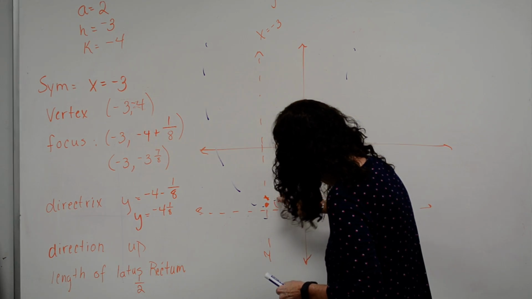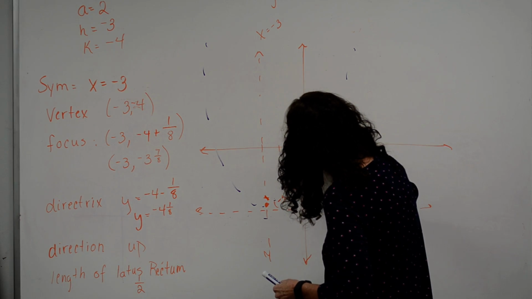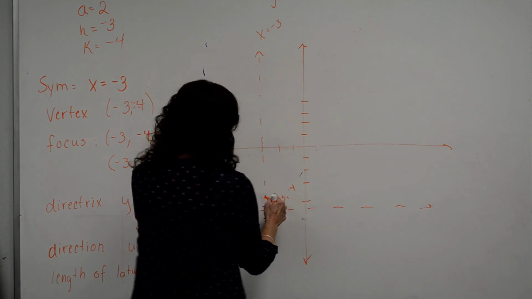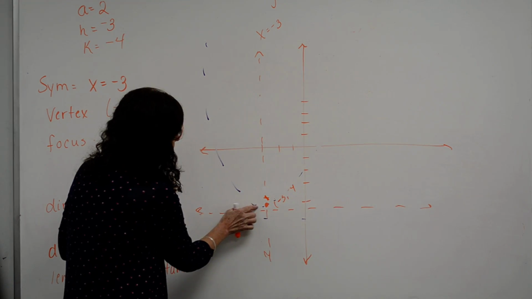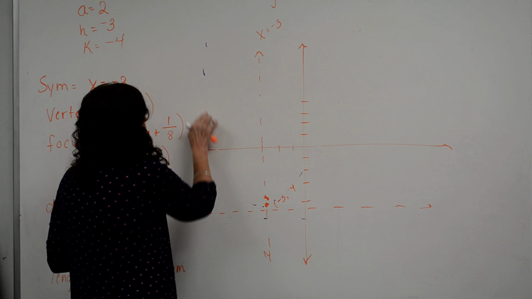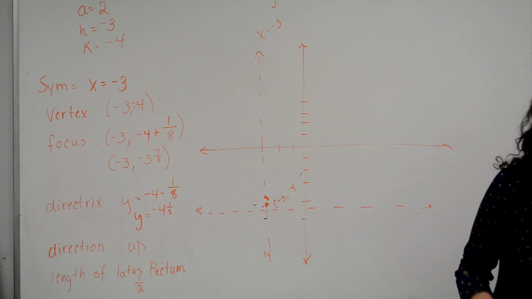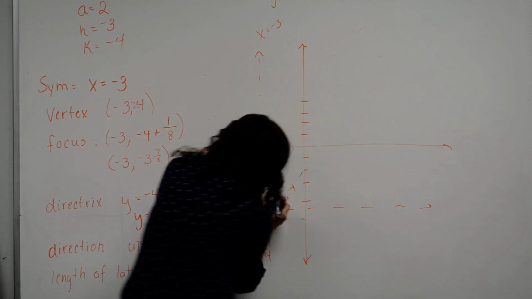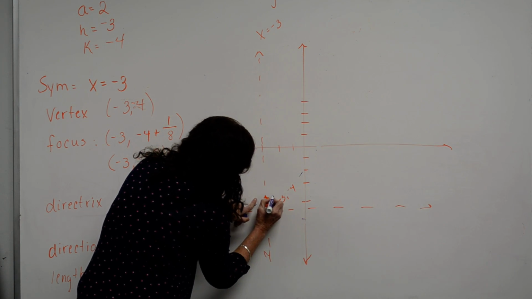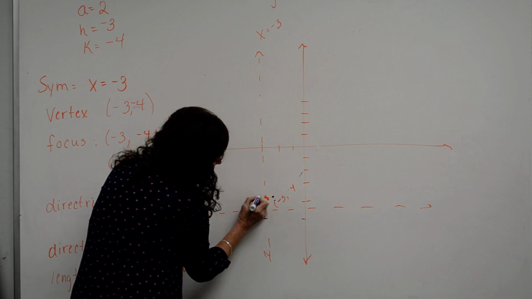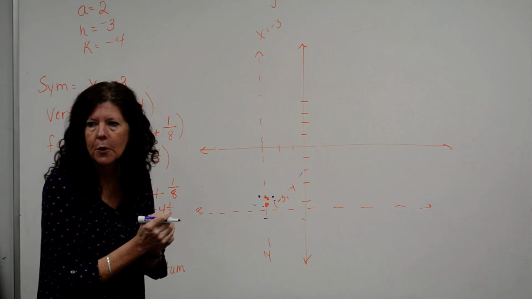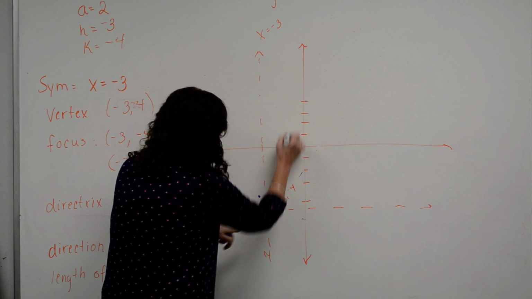If the whole length from one side to the other is 1/2, what's the length on one side? What's half of 1/2? 1/4. So I am only going over 1/4 on the right and 1/4 on the left of the focus. There's my 3 points.